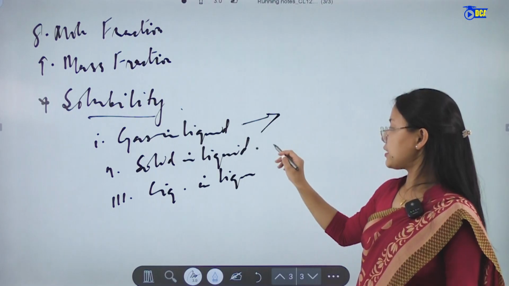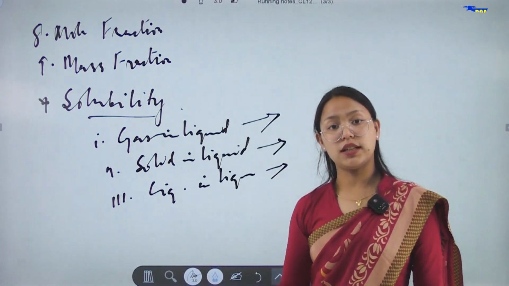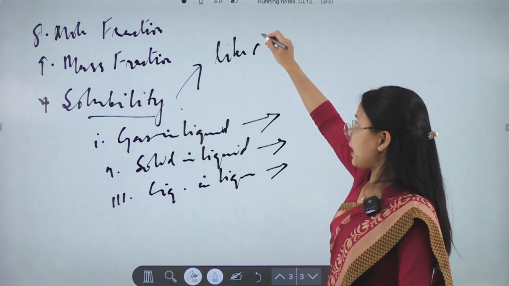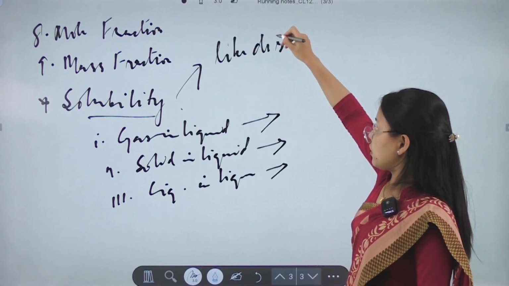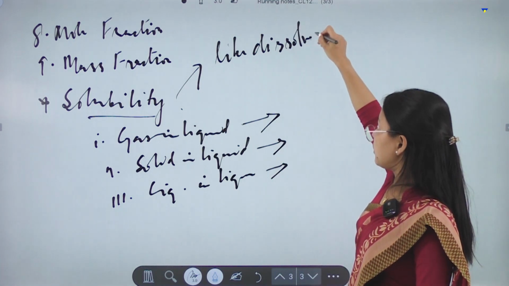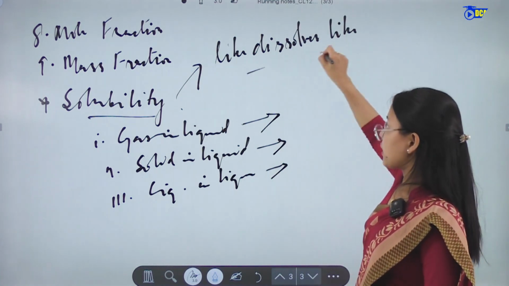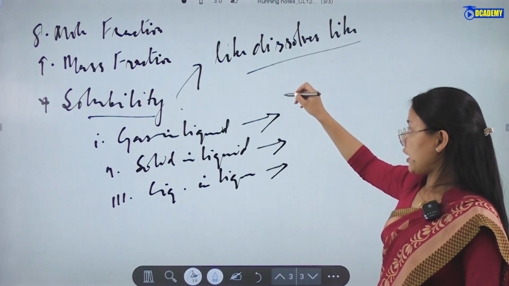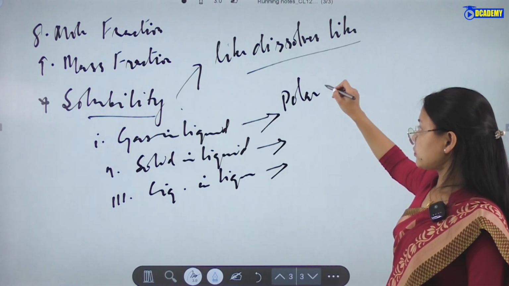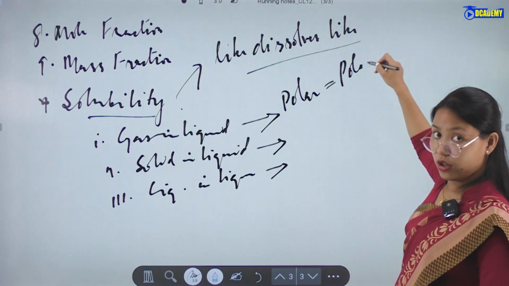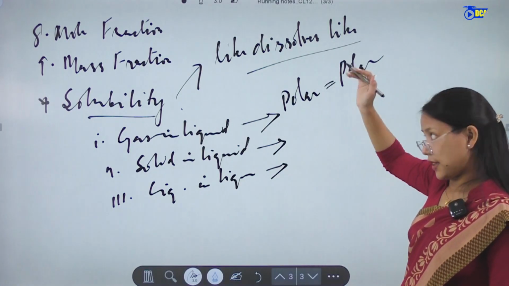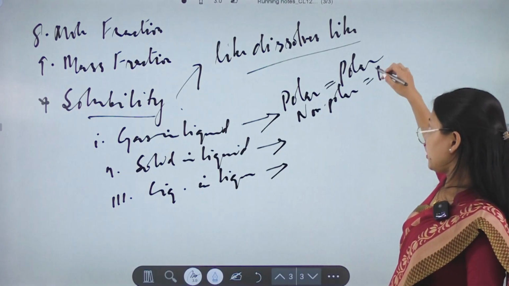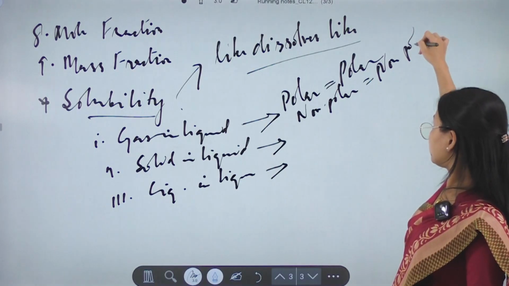Gas in liquid is based on the rule like dissolves like. A polar solvent dissolves a polar gas, and a non-polar solvent dissolves a non-polar gas.